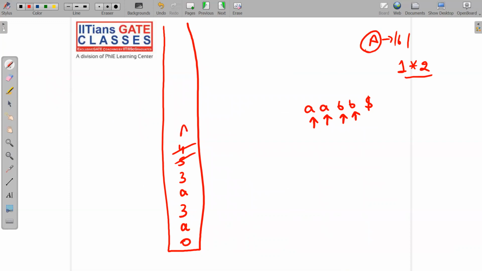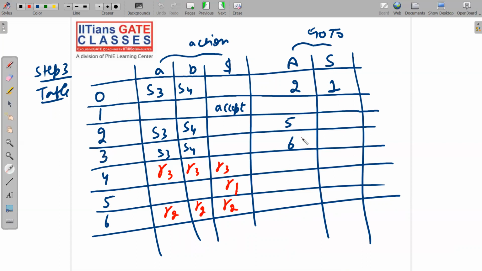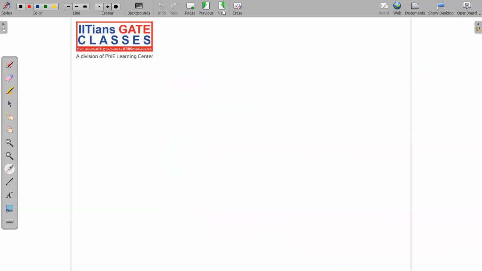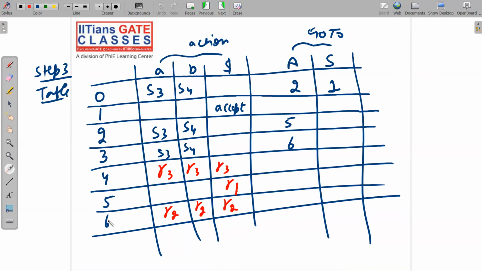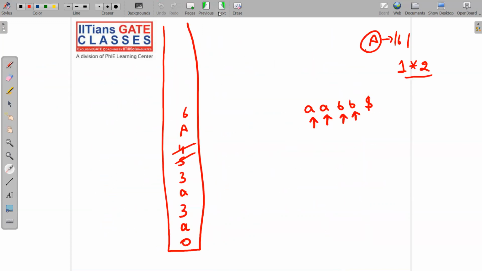That means capital A. Now I will say 3 on capital A. See, 3 on capital A. We will move to state number 6. Now I will say 6 on small b.